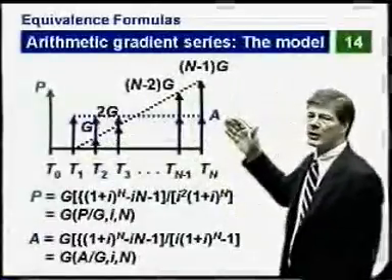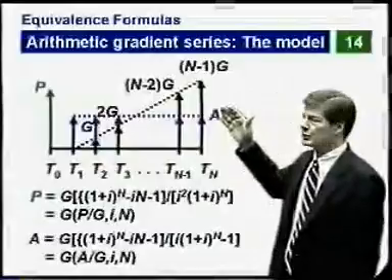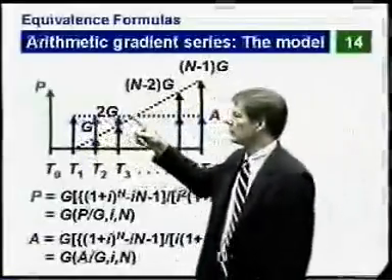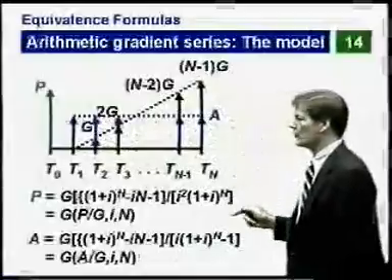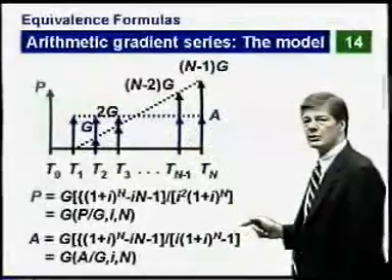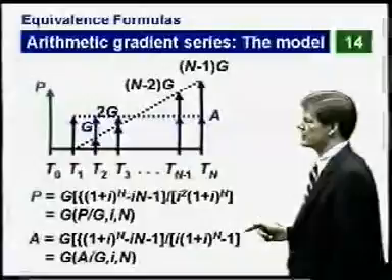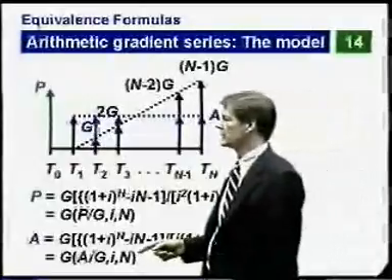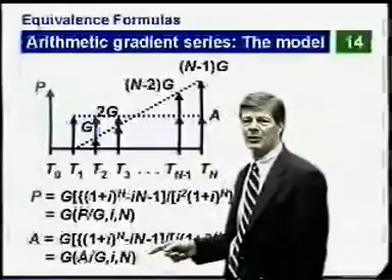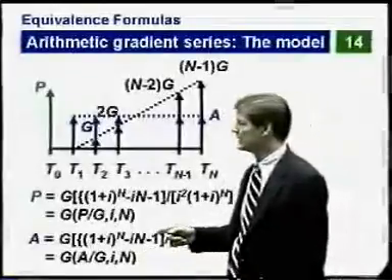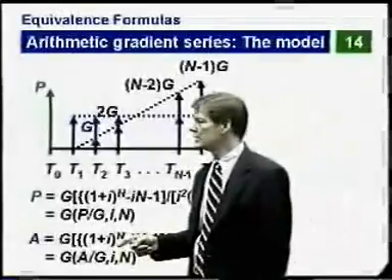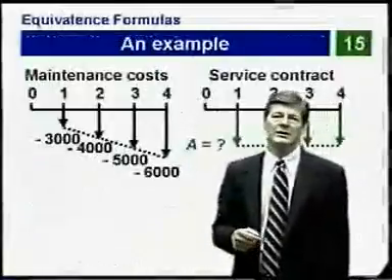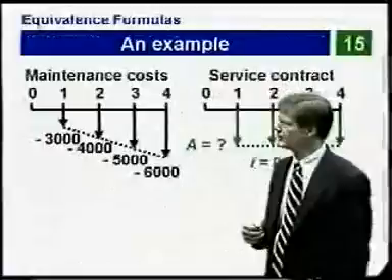I just want to make you aware we can, in fact, write an expression to do a direct conversion of a gradient series like this to a uniform series like this. If you go through those calculations, you can write it concisely as this expression, and that, too, is tabulated in the back of your book, and given the equivalence factor representation, find A given G at interest rate I for N periods. Let's take an example.